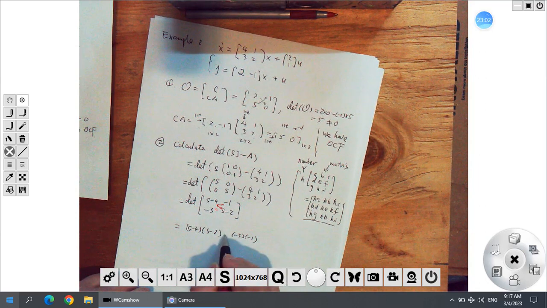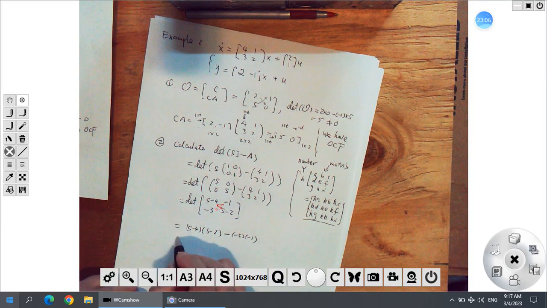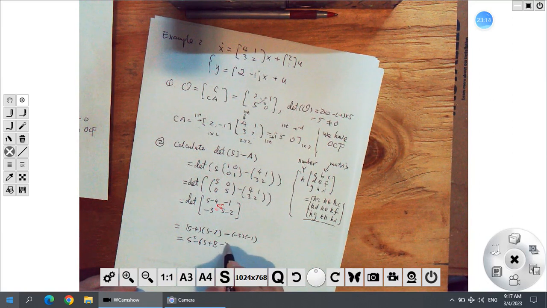And here's a subtract, not summation. Then the result will be, okay, I multiply them out. This is S squared minus 6S plus 8. And here's a minus 3. So totally it is S squared minus 6S plus 5. Okay, the result is this one.